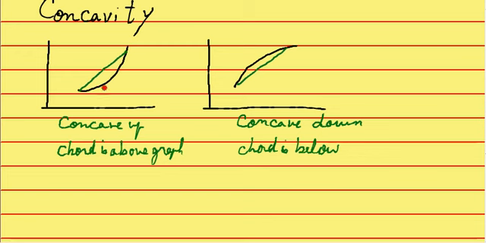Here's clue number 2. If I have a tangent line here and a tangent line here, quite obvious again what the difference is. Here, the tangent line is below the graph.